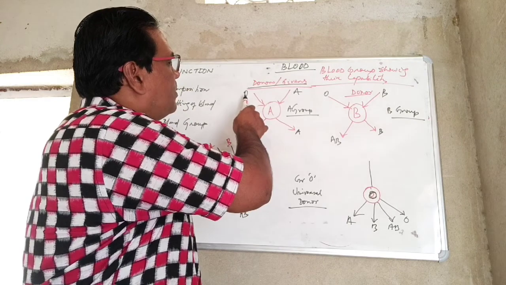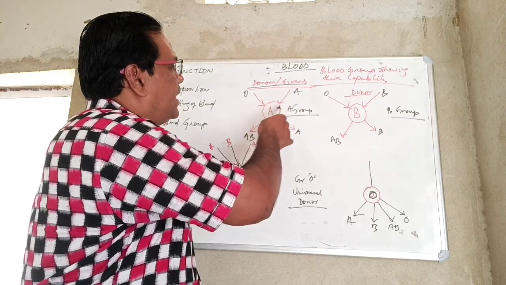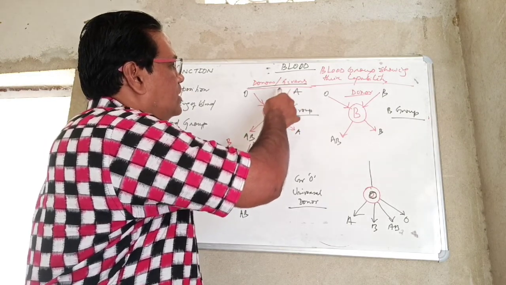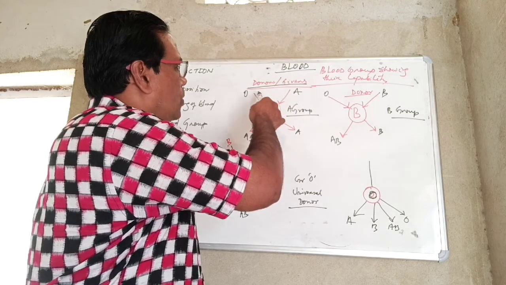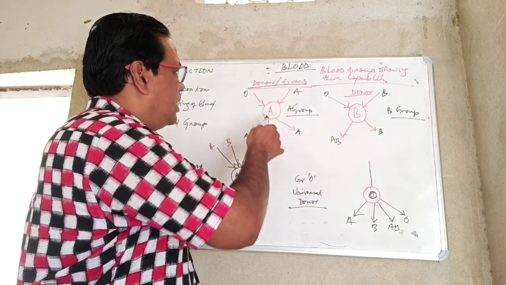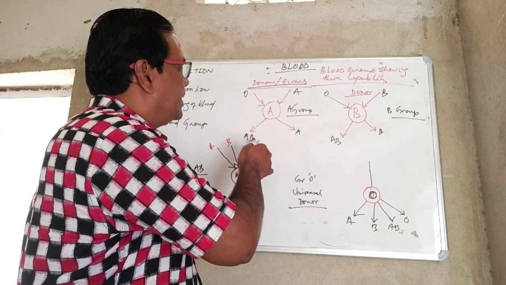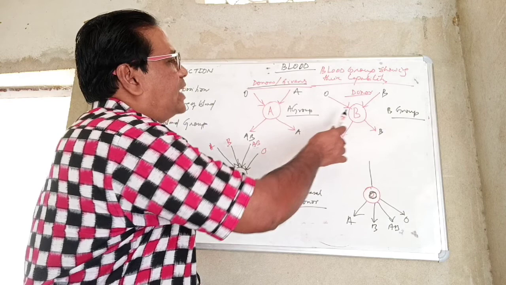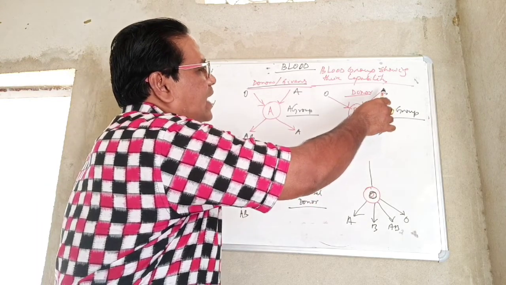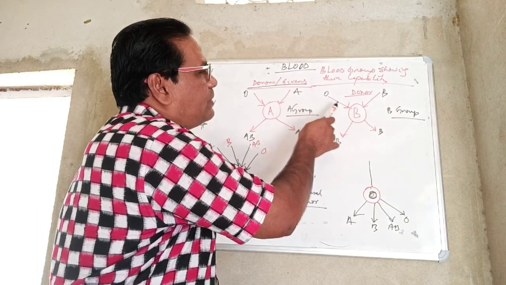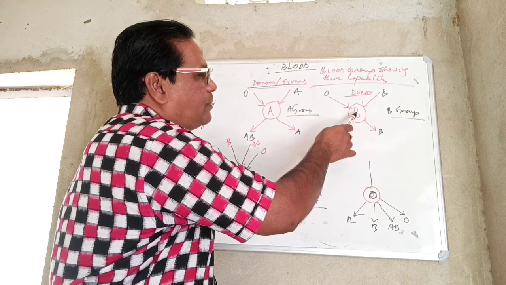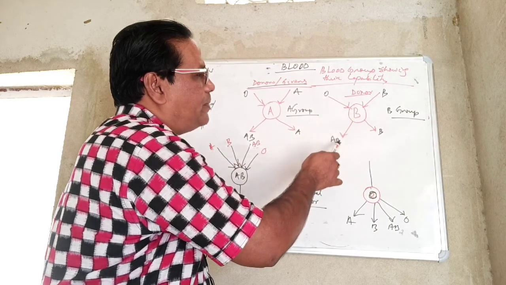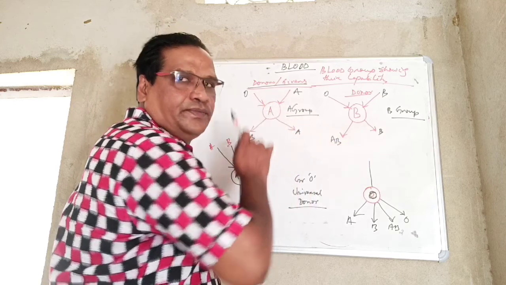A group is receiving from O. The donor is O to A. From A, it is going to AB. A can give to AB, and A can give to A also. In case of B group, B can give to B, O can give to B, and B can give to AB.